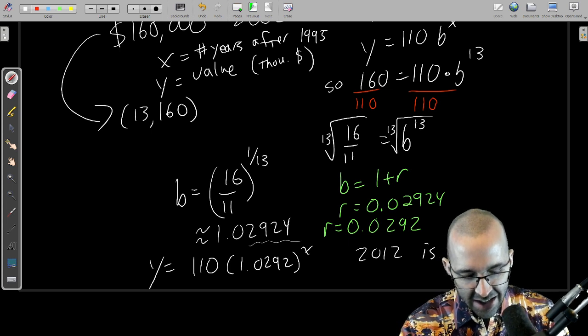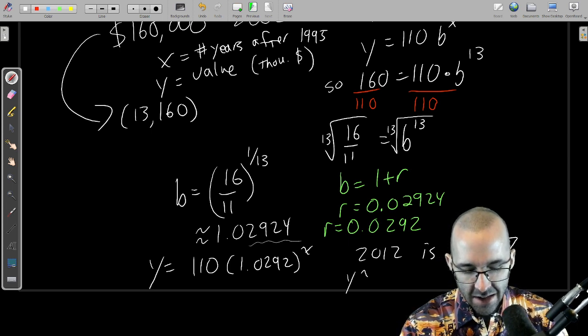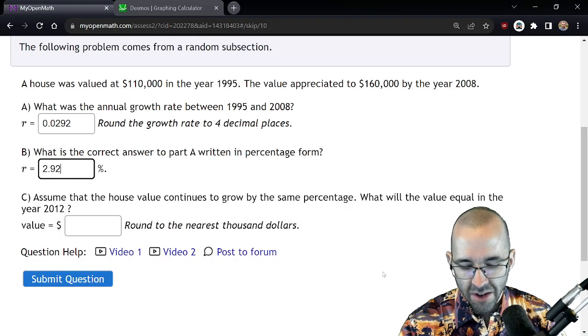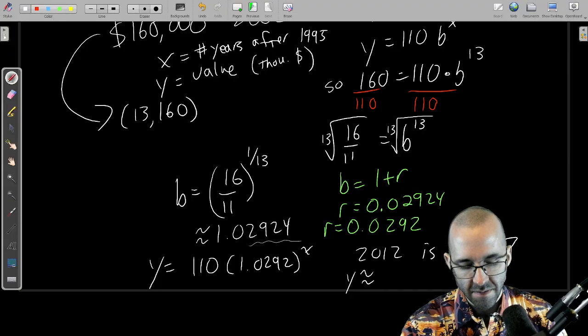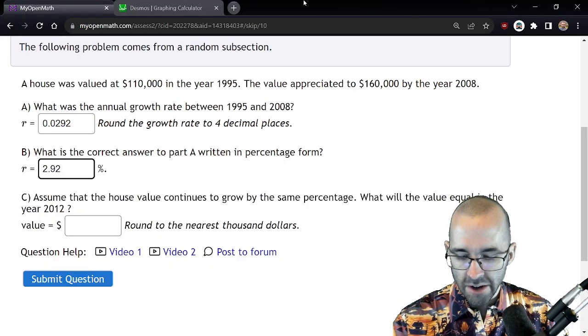Yeah. X equals 17. And it wants us to round to the nearest $1,000. Let's use a calculator.